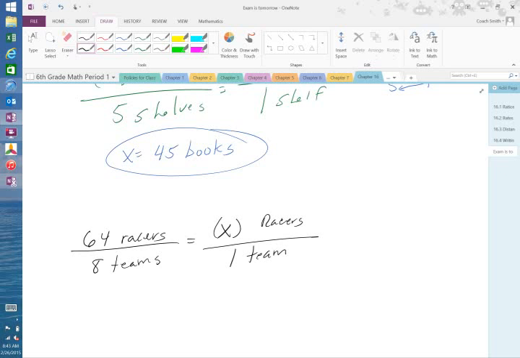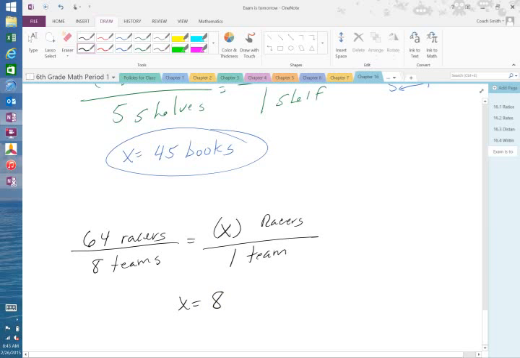There's 64 racers on 8 teams, so how many does that make on 1 team? Providing they have the same amount on each team, which is what they're saying, they're equal. Michael? 8. That is correct. So X is equal to 8.